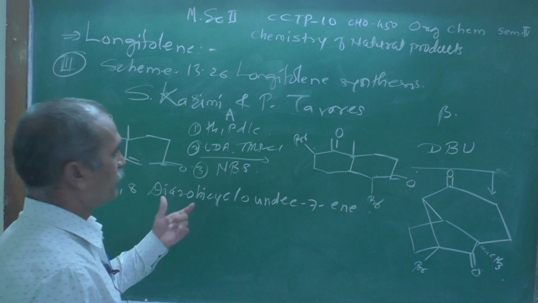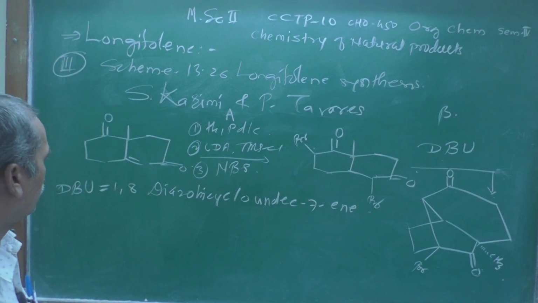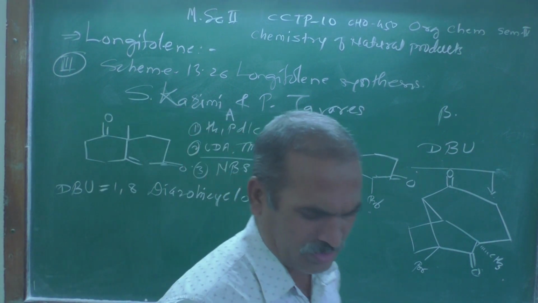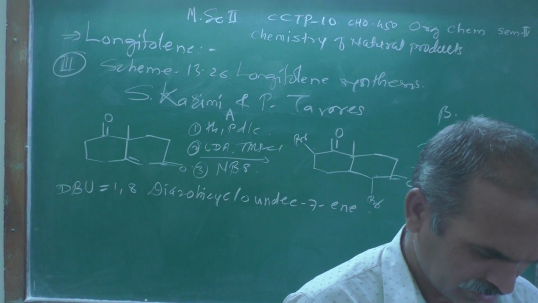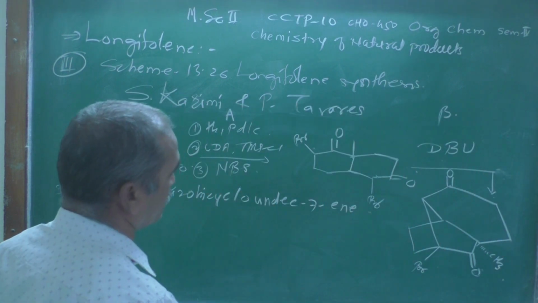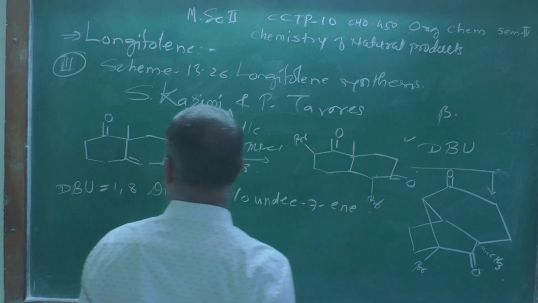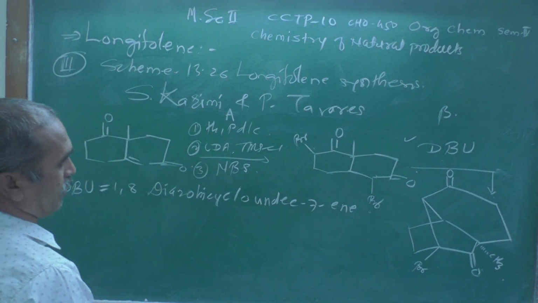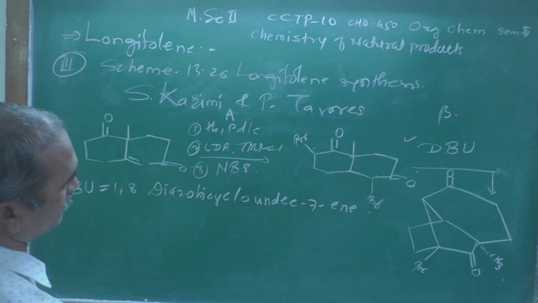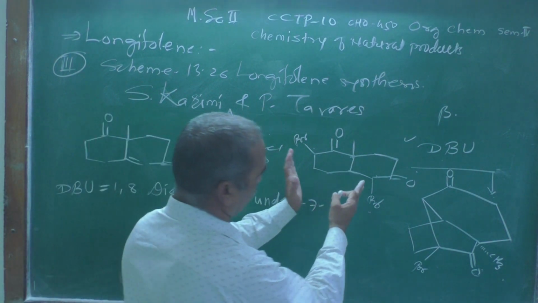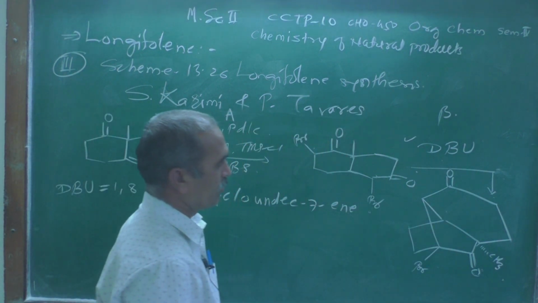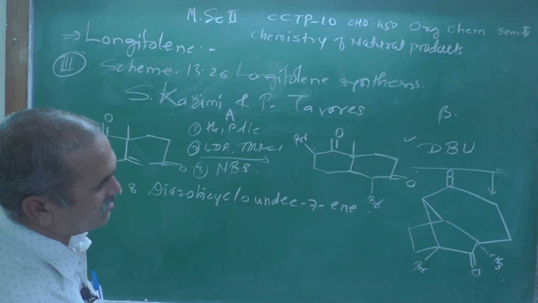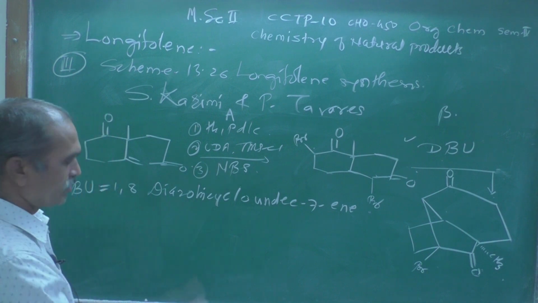That is the full form, the name of this reagent, and this reagent converts this product into that one. This will become the starting material, and this will end up with a product like this. There will be two carbonyl groups, and at the bridge side there will be one bromine.